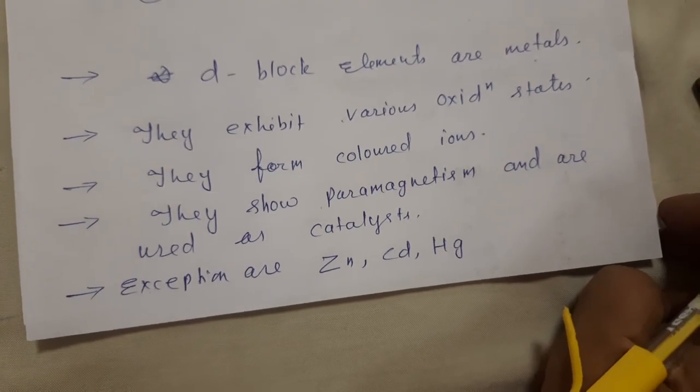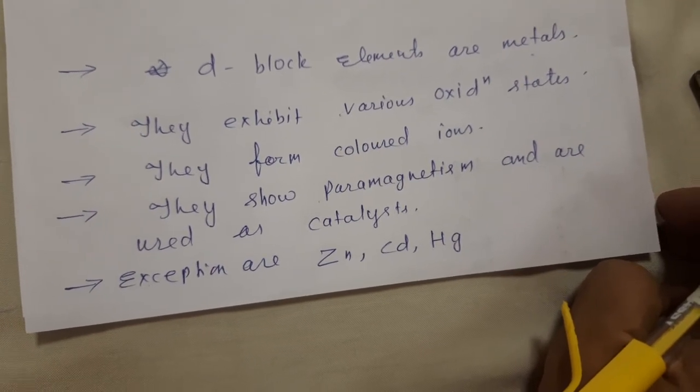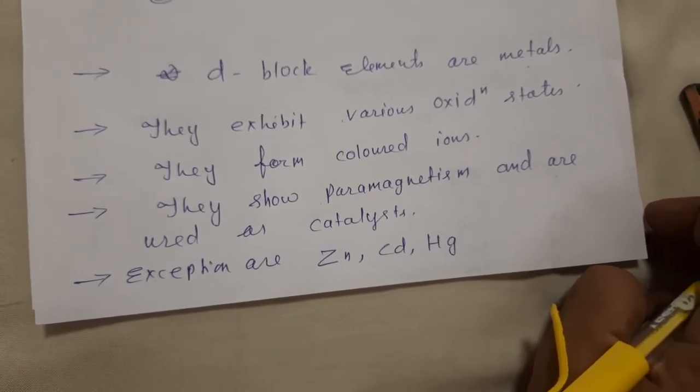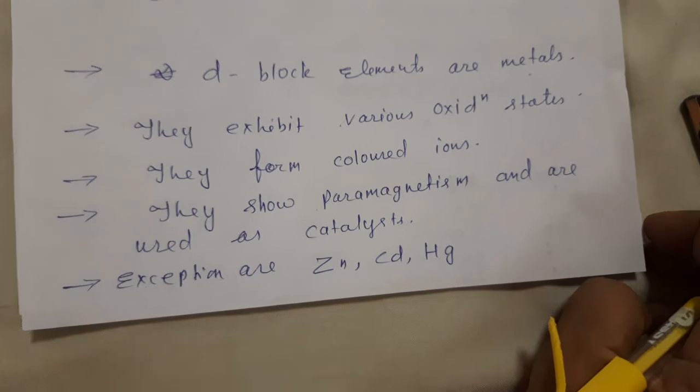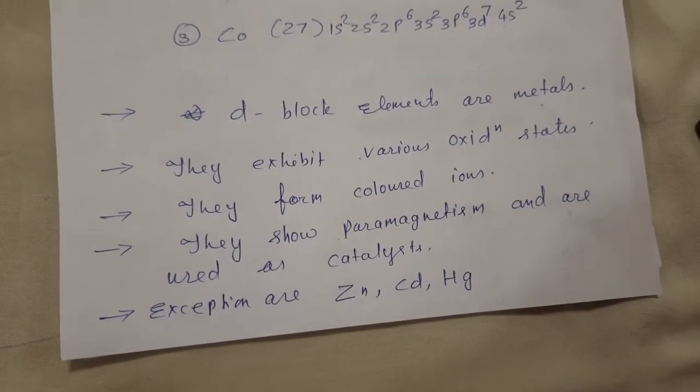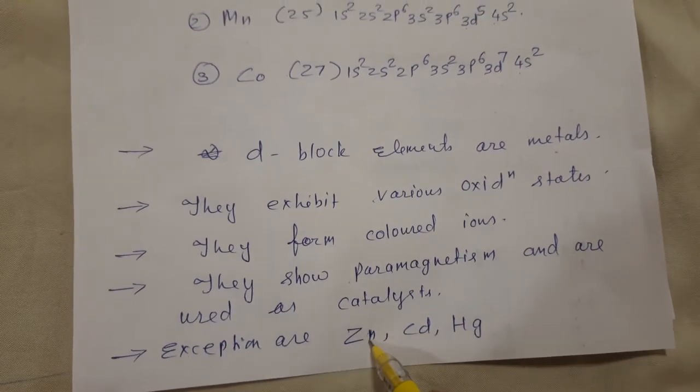Can anybody name any of the catalysts? If you have heard about Haber's process of preparation of ammonia, there iron was the catalyst. And there are many catalysts. Okay. Exceptions are zinc, cadmium and mercury. What is the exception all about?